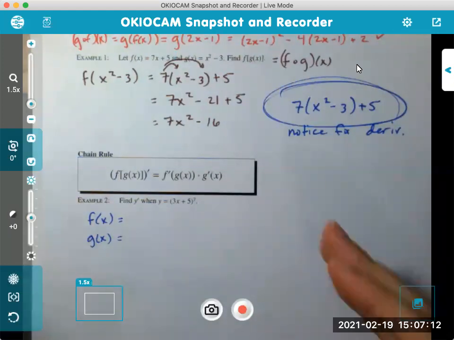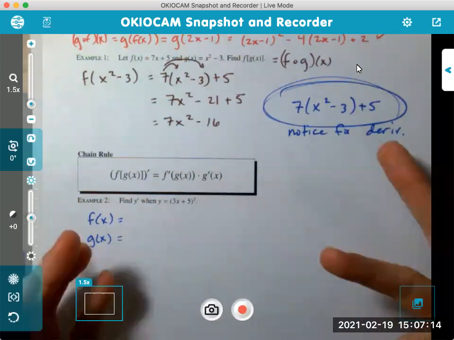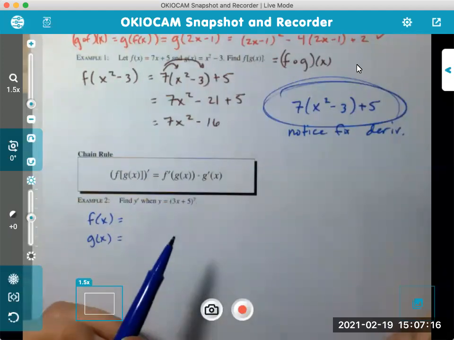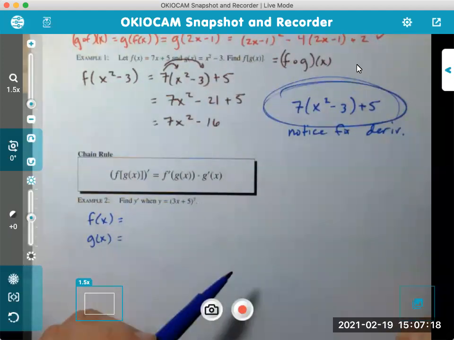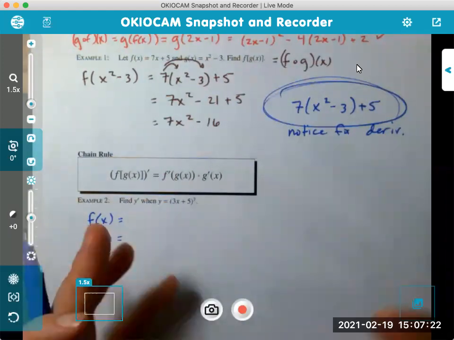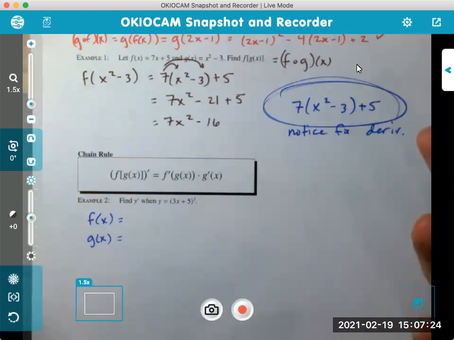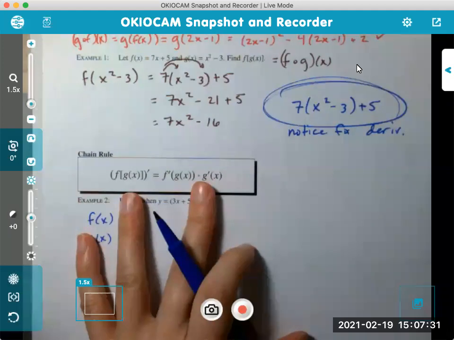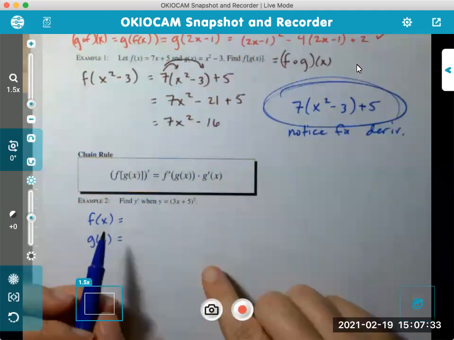The other 10% of the time, it might be in the denominator, so 1 over something. You will also look at it if it's an exponent, if it's a log, but logs and exponents have their own derivative rules as well. But chain rule comes in handy over and over and over again.